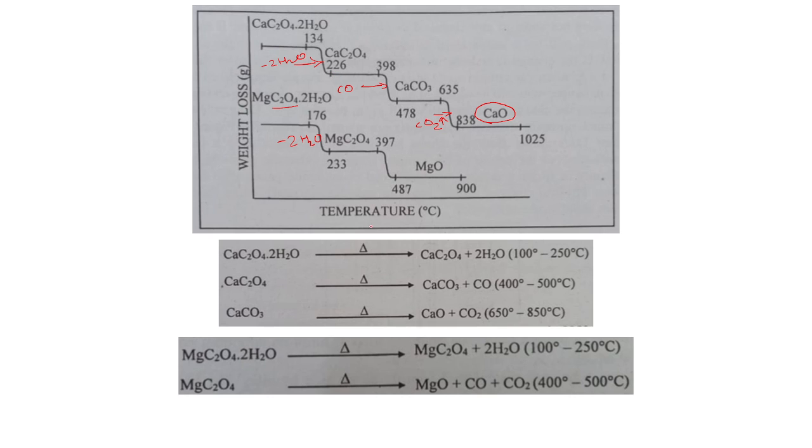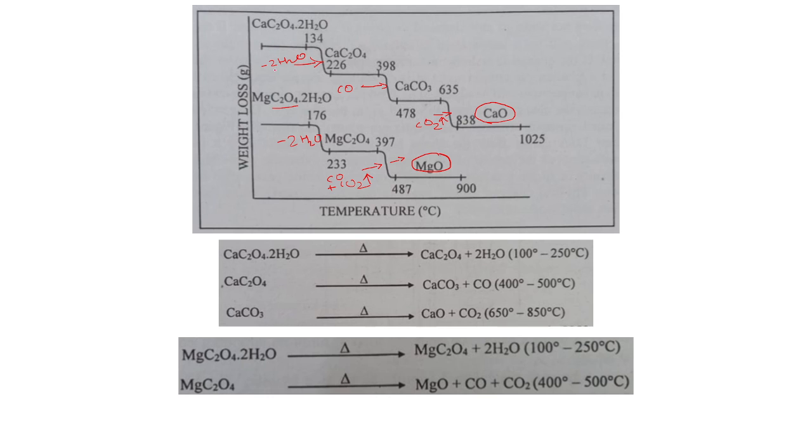But in the second stage, 400 to 500, in this range only, both carbon monoxide and carbon dioxide are lost due to decomposition, and you get magnesium oxide. Means both are oxalate salts.